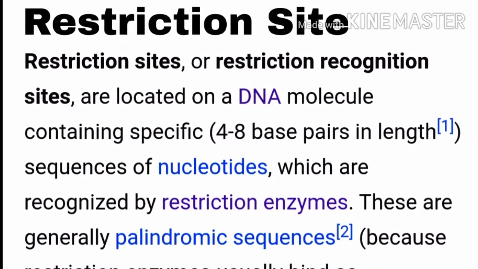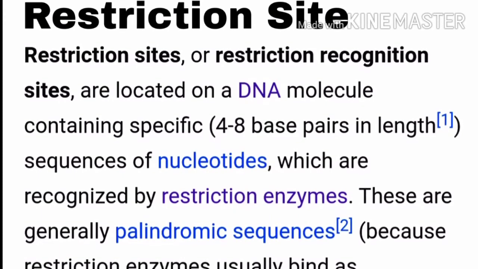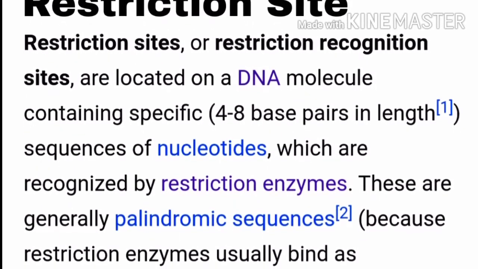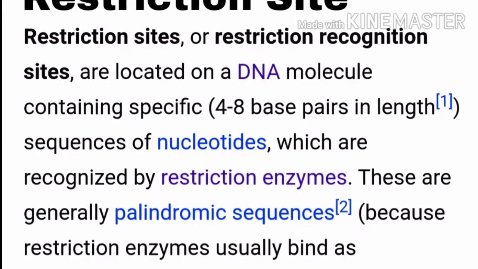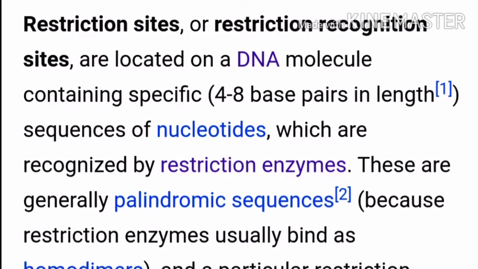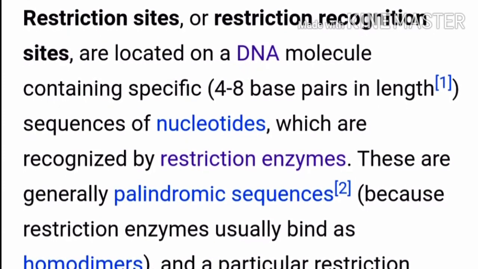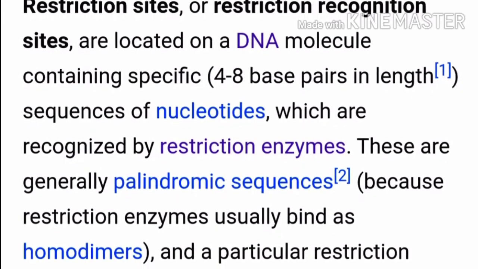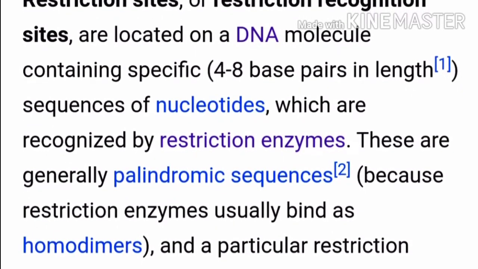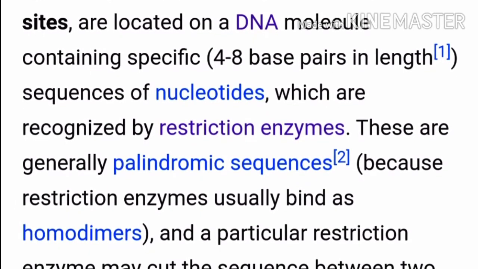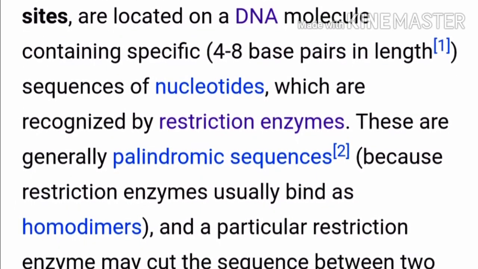Next one is restriction site. The restriction site or restriction recognition site is located on a DNA molecule containing specific sequences of nucleotides, about 4 to 8 base pairs in length, which are recognized by restriction enzymes.